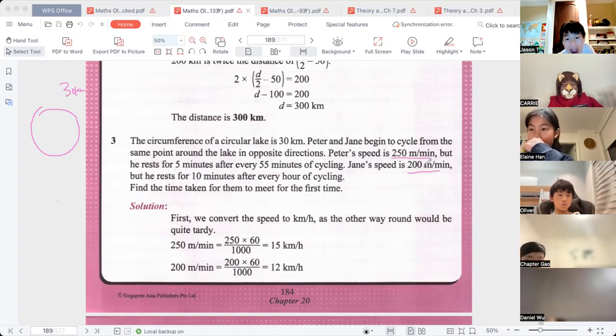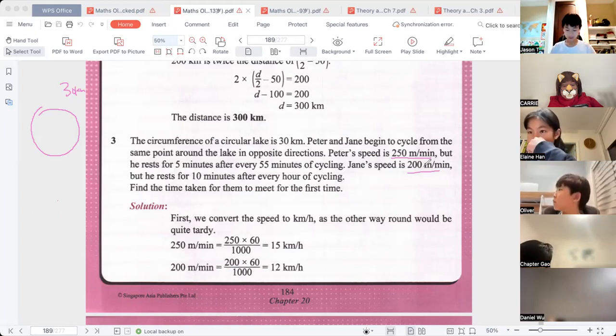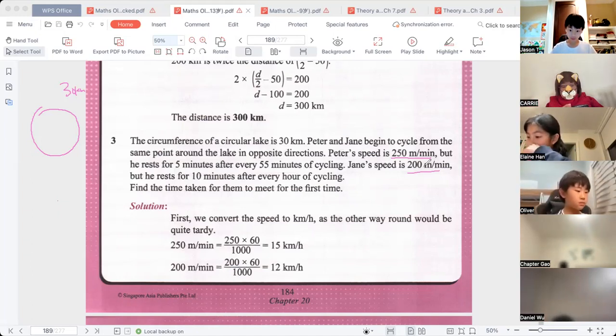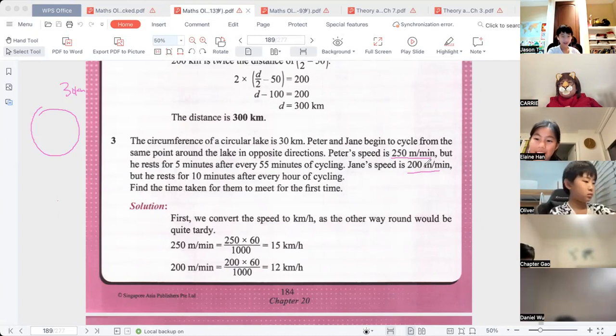Can you do it? 15 and 12. You need to write kilometers per hour.